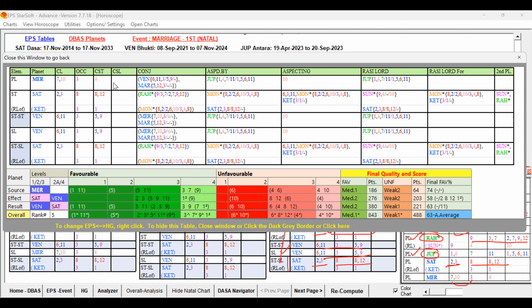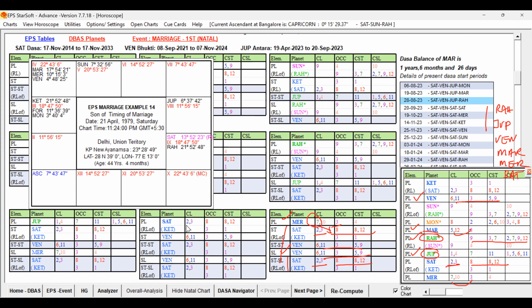So Mercury is having Jupiter in support, Saturn is having Rahu in support, and Venus is also having Jupiter in support.